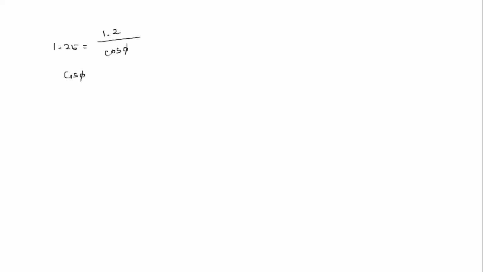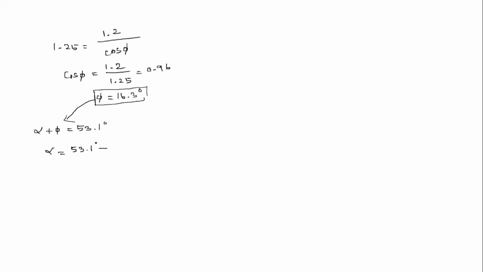So, cos phi is equal to 1.2 divided by 1.25, which is equal to 0.96. Now, phi is equal to 16.3 degree. We know that alpha plus phi is equal to 53.1 degree. Now, substitute this value here. So, alpha is equal to 53.1 degree minus 16.3 degree.